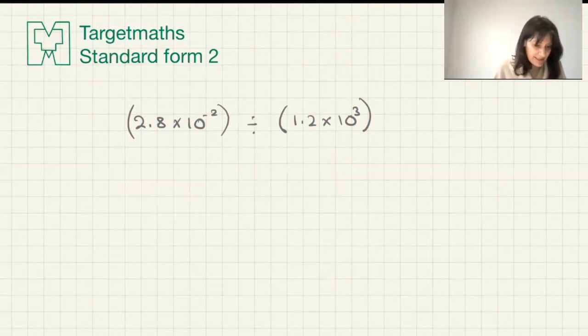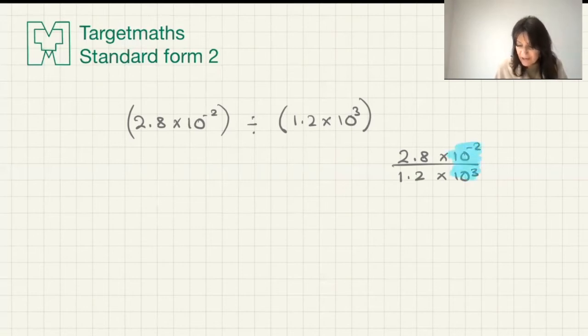So we are going to say that we've got 2.8 times 10 to the minus 2 all over 1.2 times 10 to the 3. And when I do that, I can see this section looking incredibly familiar, meaning I can use my power rules.